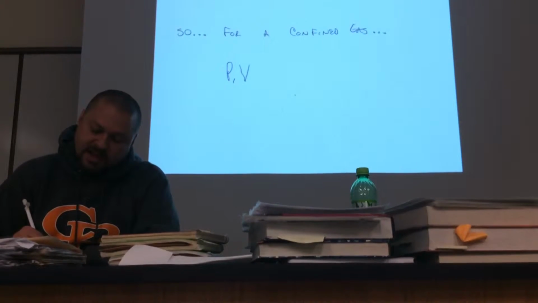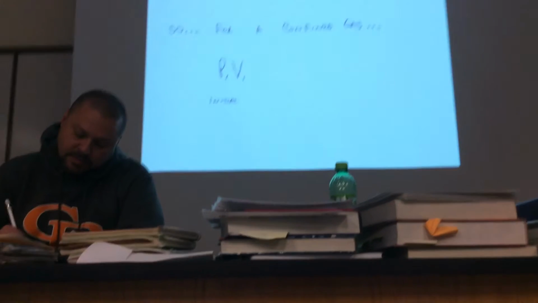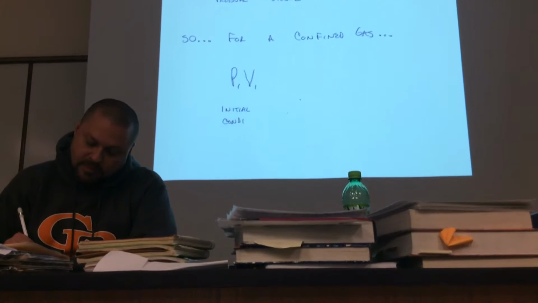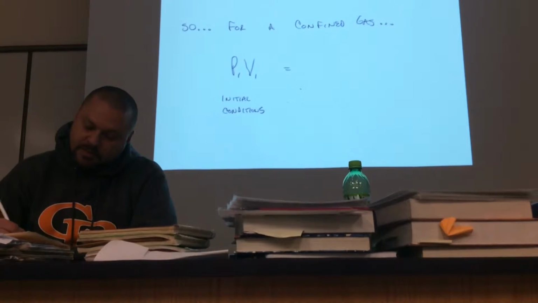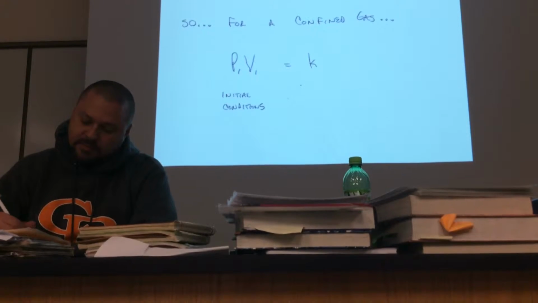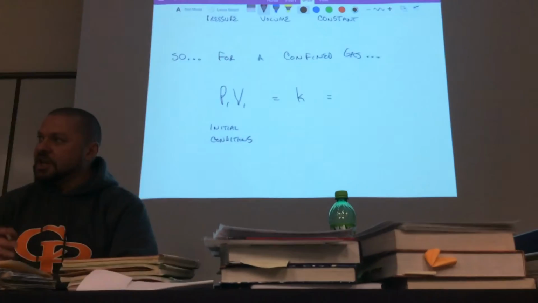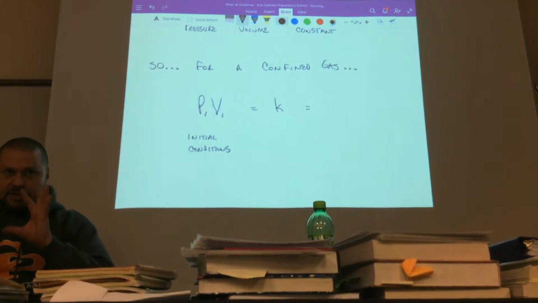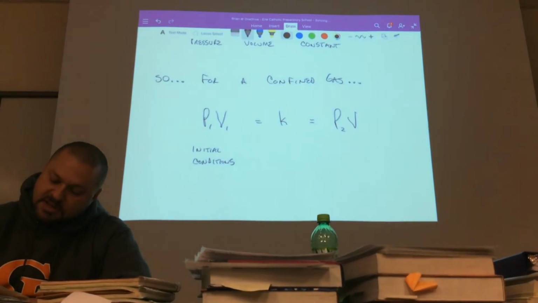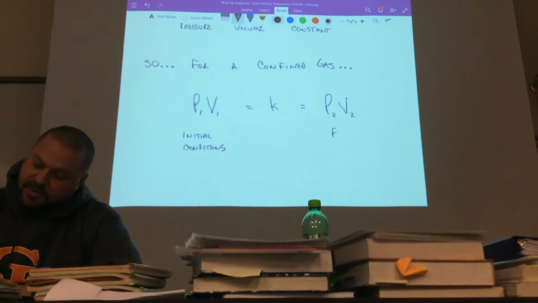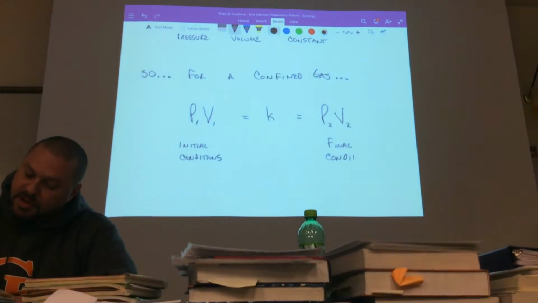That's like saying initial conditions. Well, P times V equals K, some constant. Well, if I change the pressure and the volume on that particular system, then I'm going to get a final set of conditions. But they're also equal to K.